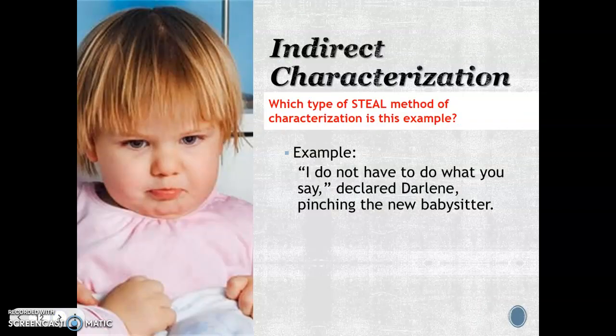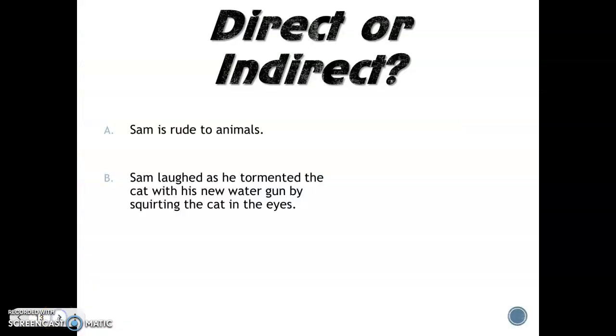Which method of the STEAL method of characterization is being used here? If you chose speech, you would be correct. But notice we also get a little bit of action in here too. So keep in mind there's two different elements. Pinching the new babysitter. So notice that also tells us she's a little bit of a brat.